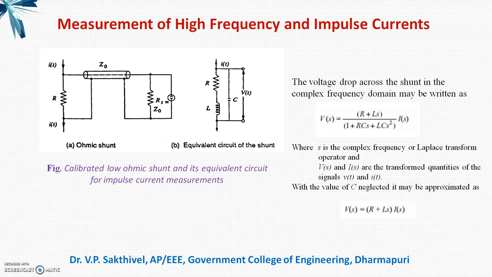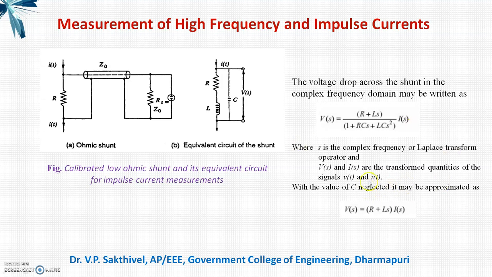The resistance element, because of its large dimensions, will have a residual inductance. So the equivalent circuit has the residual inductance L and the terminal capacitance C. Here the voltage drop across the shunt in the complex domain is given here, where S is the complex frequency or Laplace transform operator, and V of S and I of S are the transformed quantities of the signals V of t and I of t.